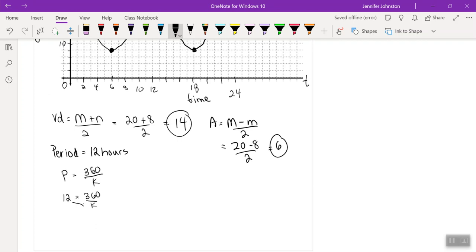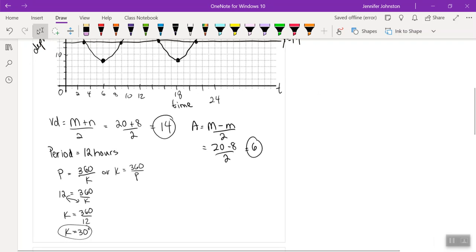That just means these two switch, or you can think of k is equal to 360 divided by p. And we get k is equal to 360 divided by 12, which means k is equal to 30. All right, so we have everything we need, and then we'll figure out domain and range right after we do the equation.